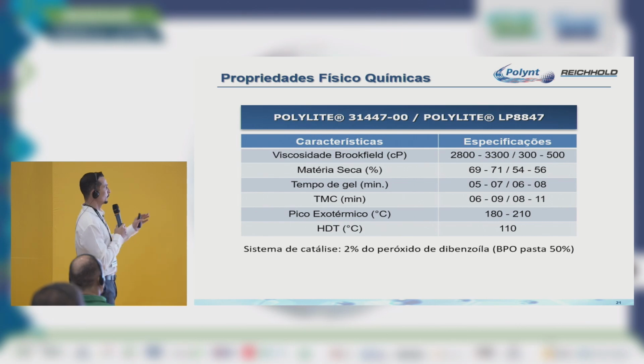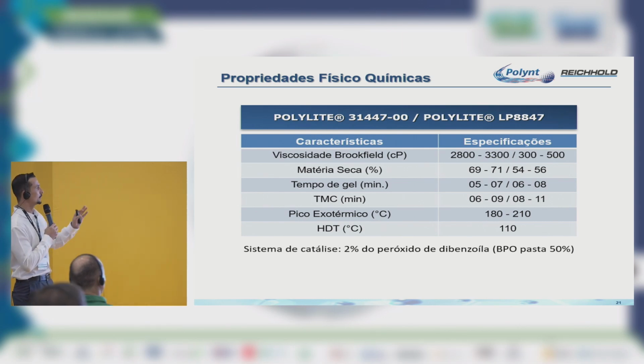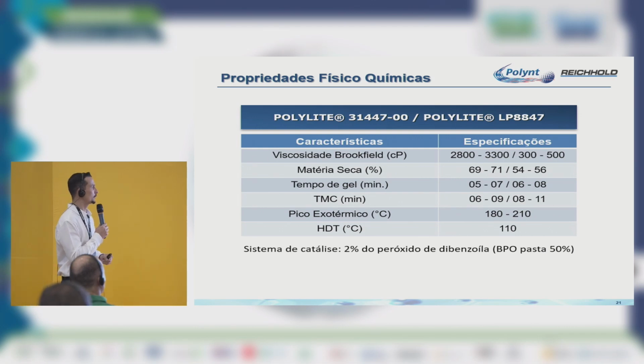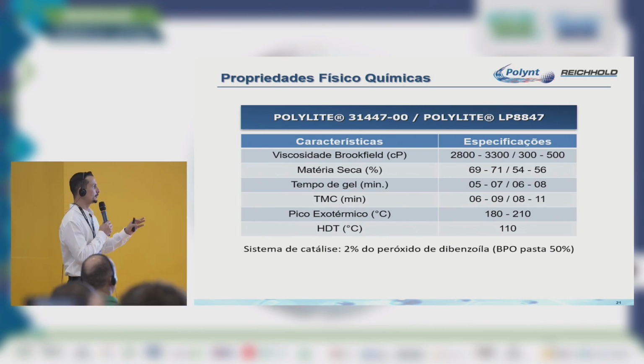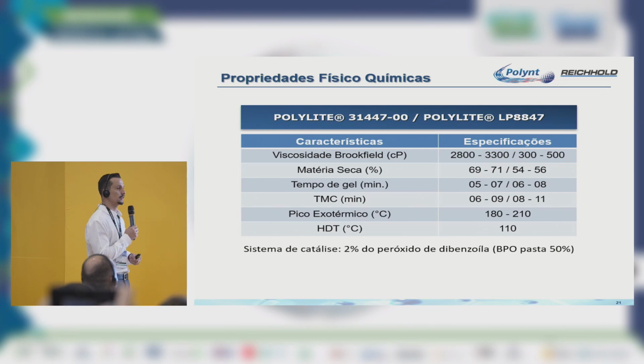The physical and chemical properties, it's the same concept as before. On the left, 31447 and LP8847 on the right. 31447 is more viscous, 2800 to 3300 versus 300 to 500 in the case of LP8847.